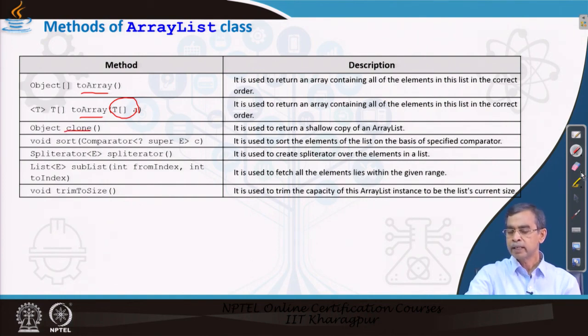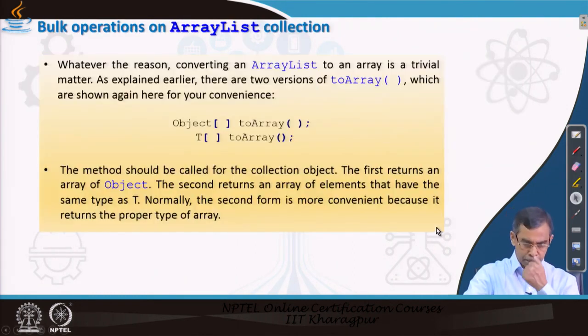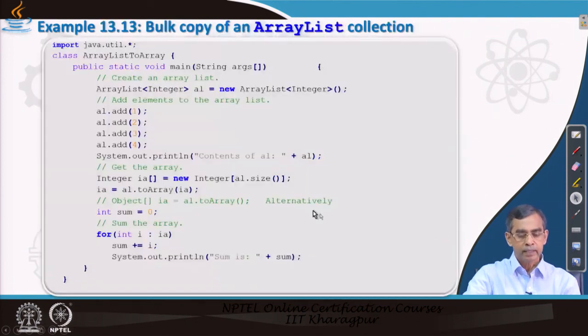Let us see a simple example. I will not give an example of clone, as we are already familiar with it, but another example about the toArray method, where you can check its usefulness. First we create a1, an array of type Integer, a generic collection.